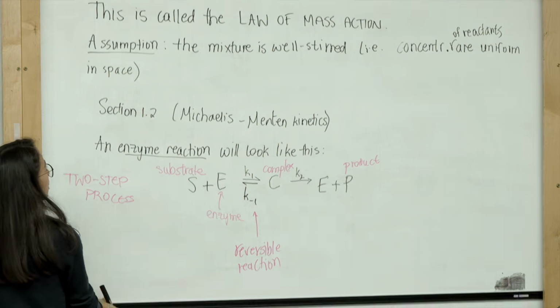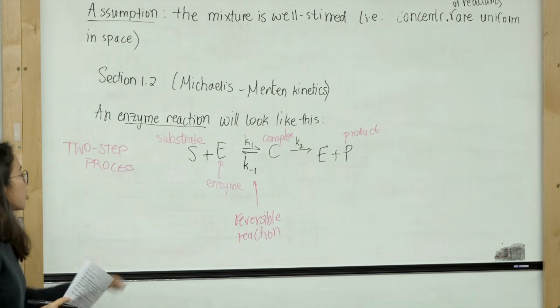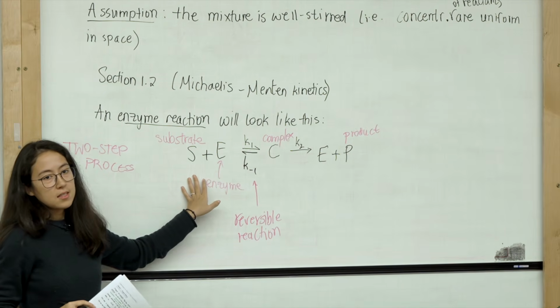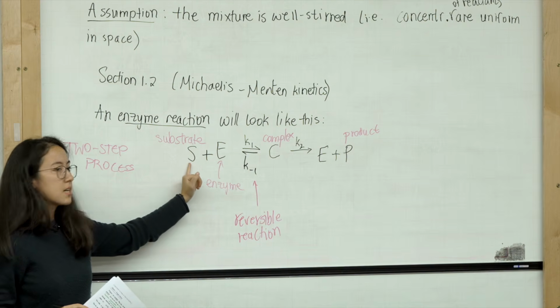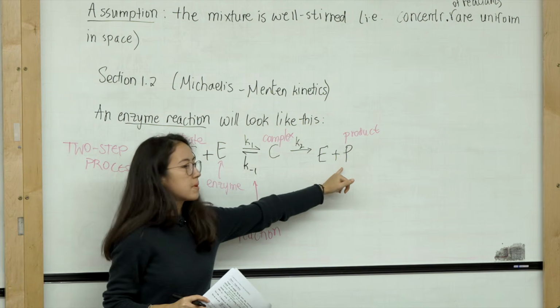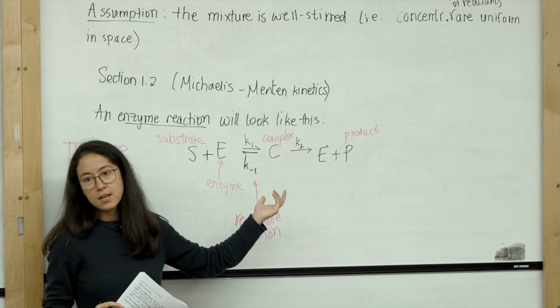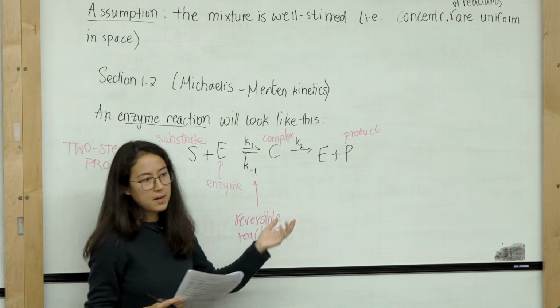Okay, so if we actually want to think about this problem, you will see that if I want to simplify this, I can think about it as the substrate producing the P with some new rate R, right? With some intermediate things that I don't know about.